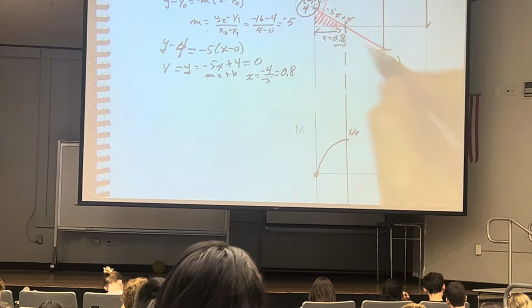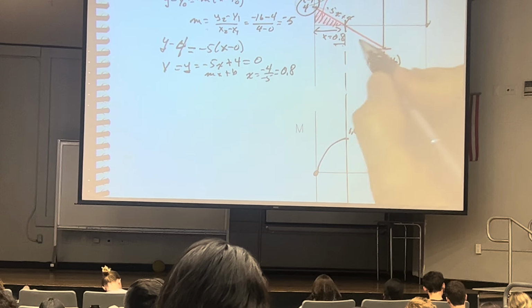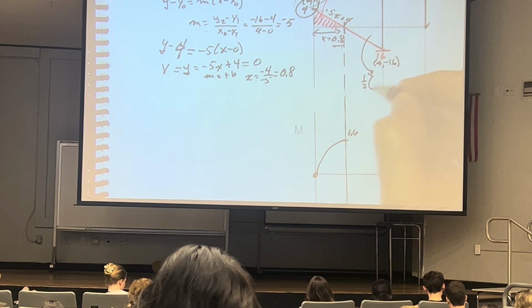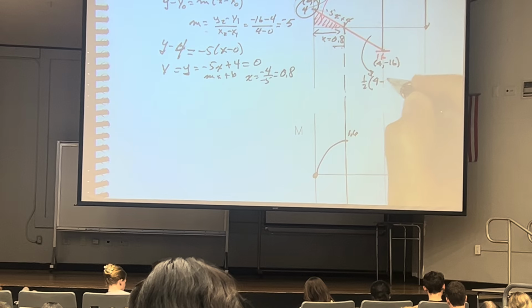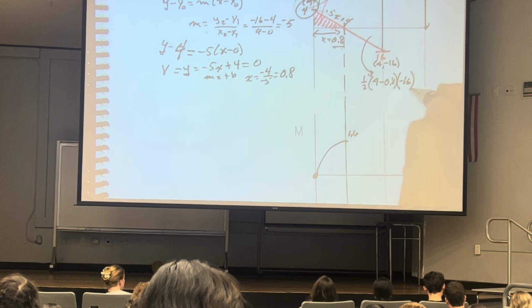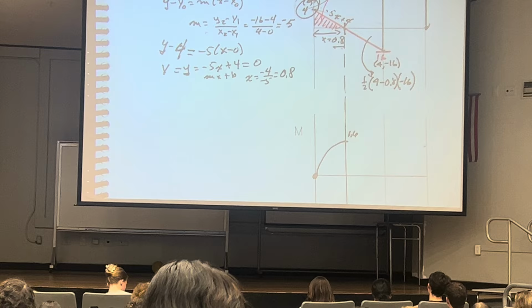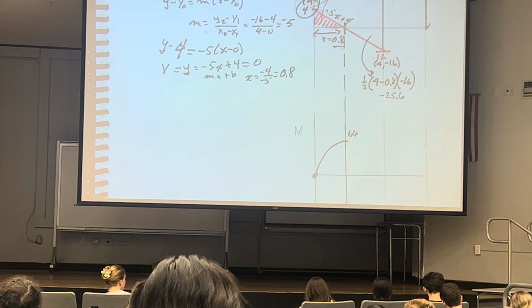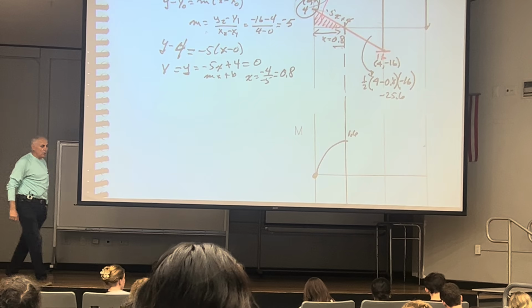Next, there is this triangle. Find its area. That's 1/2 times 4 minus 0.8 times minus 16. That's going to give me minus 25.6, if you do the math.